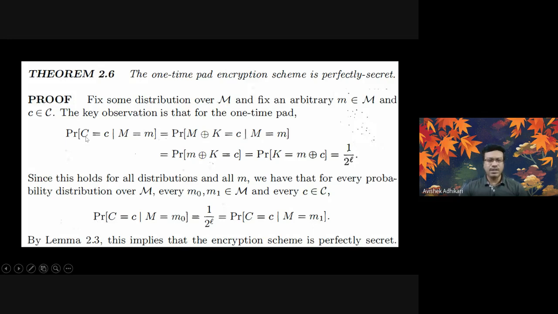C is nothing but message XOR K. And you are given M equal to m, your M is fixed, right? So that is the same as the probability where you just put in place of M, because this random variable is given the value m. Note that this conditioning is now gone. So you are using the fact that M is small m, so you are putting m XOR K equal to C.